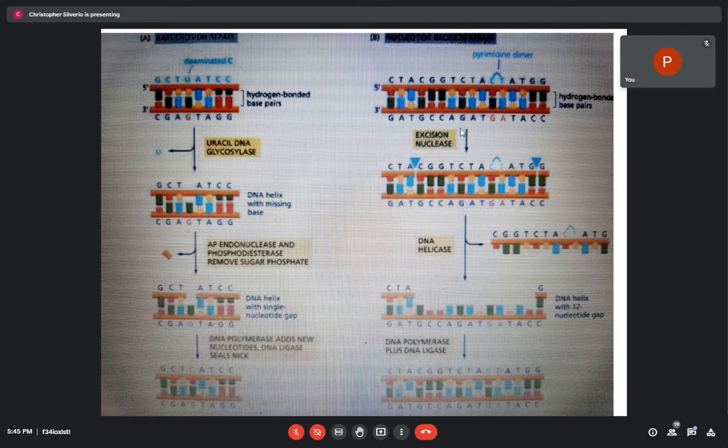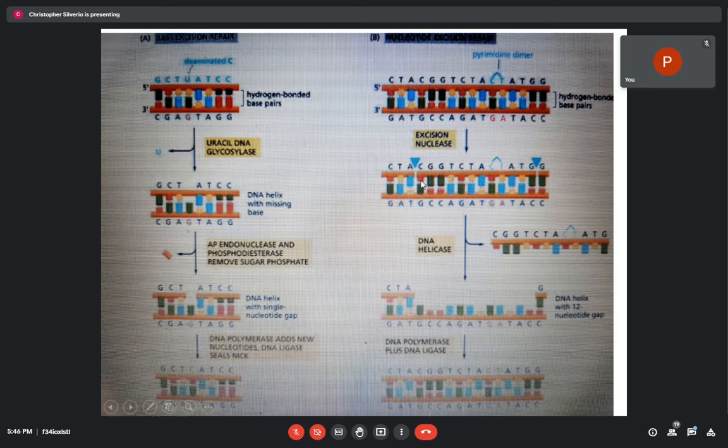The function of the excision nuclease, it will just cut this DNA fragment. But again, after cutting, the DNA strand will remain. And how are you going to remove this DNA strand? You can remove that by means of the DNA helicase.